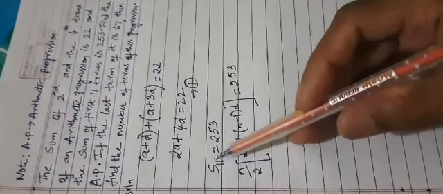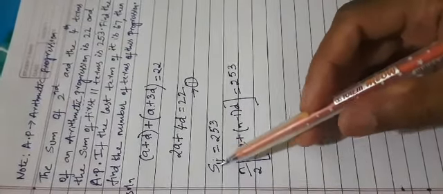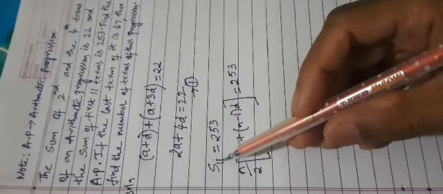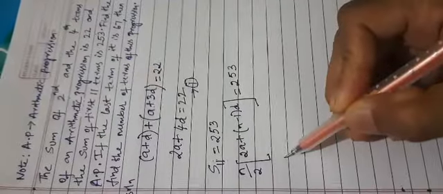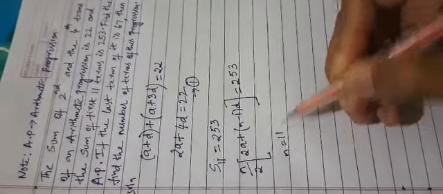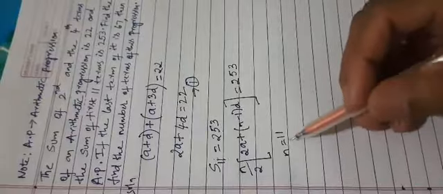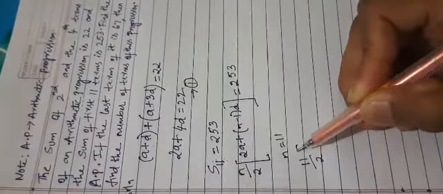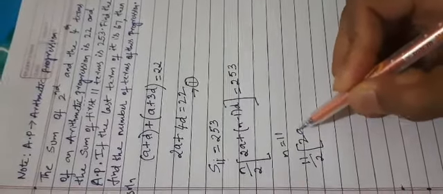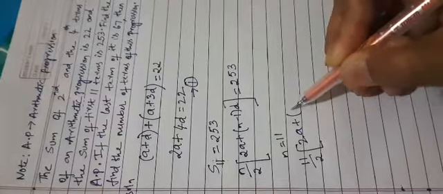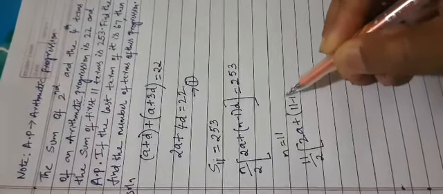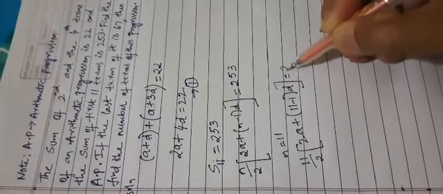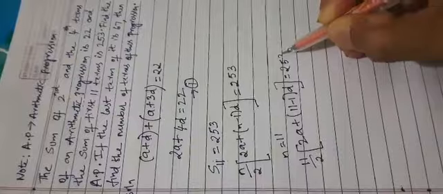Here n is equal to 11, so in the place of n it is 11. Let me write n is equal to 11. 11 by 2 into 2a plus 11 minus 1 into d is equal to 253.